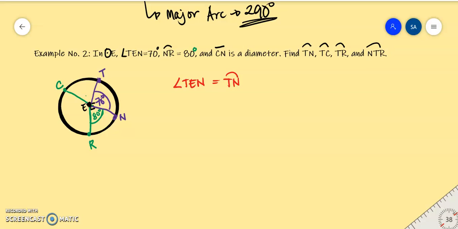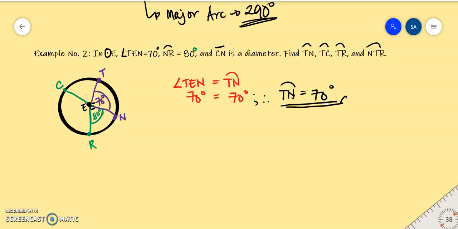Therefore, their measure should be equal. The measure is given for angle TEN, we have 70 degrees. Since they are equal, the measure of arc TN is equivalent to 70 degrees.